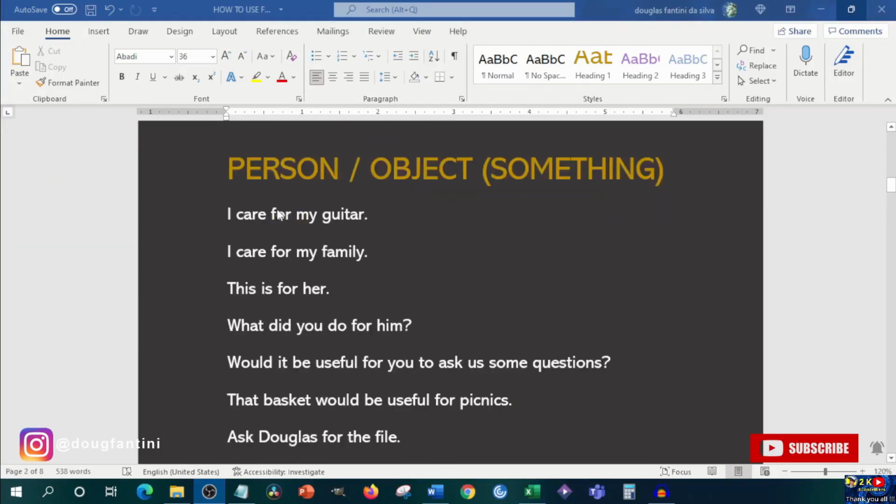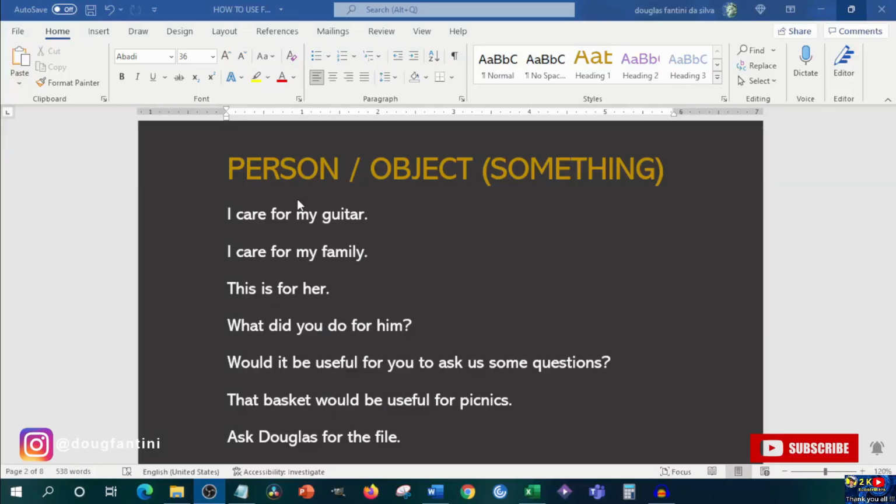Let's go to this other example. You can use a person or an object after the preposition for to give an idea of, for example, it is for this person, or it is for this reason, or for this object. Let's go there. I care for my guitar. So, do you care for something or do you care for someone?